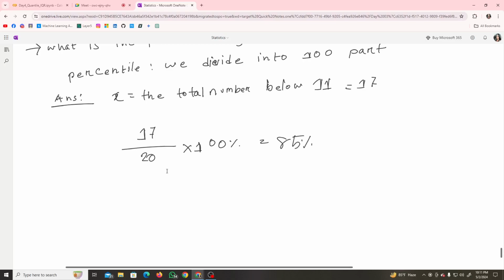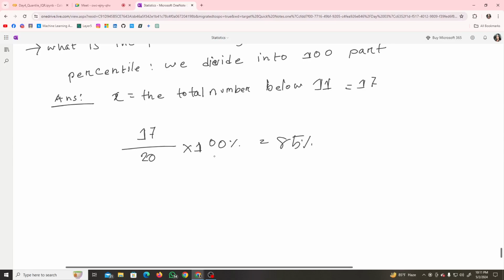So you know what this 85 means? It means 85% of the values in the data set are less than the value, which is 11.